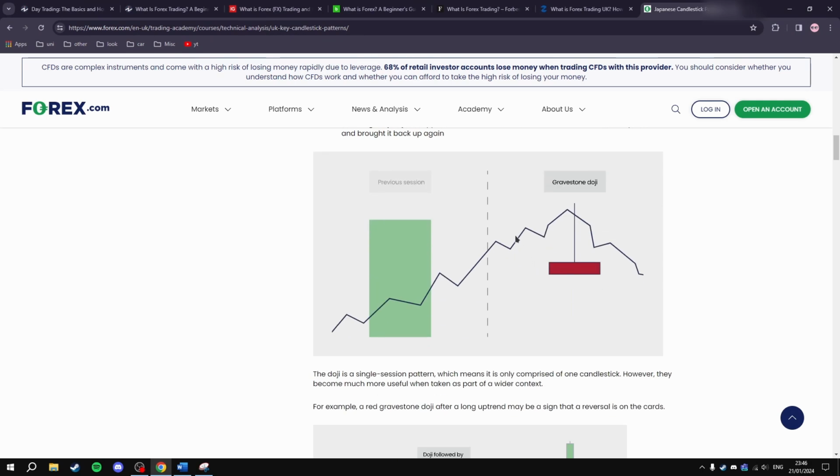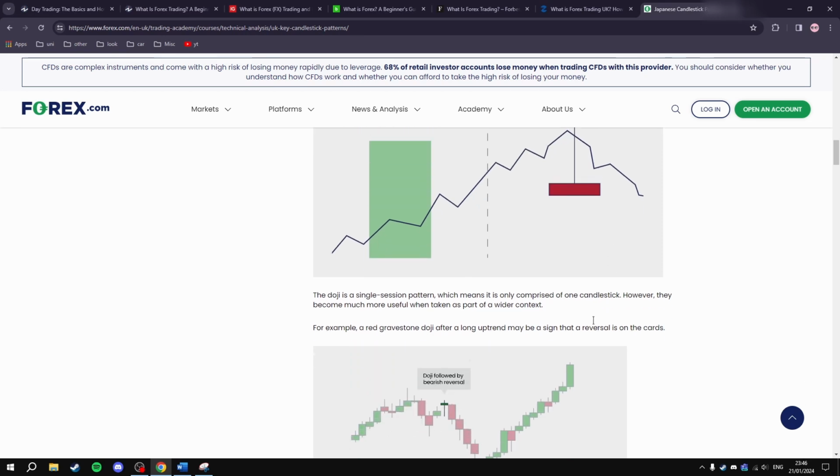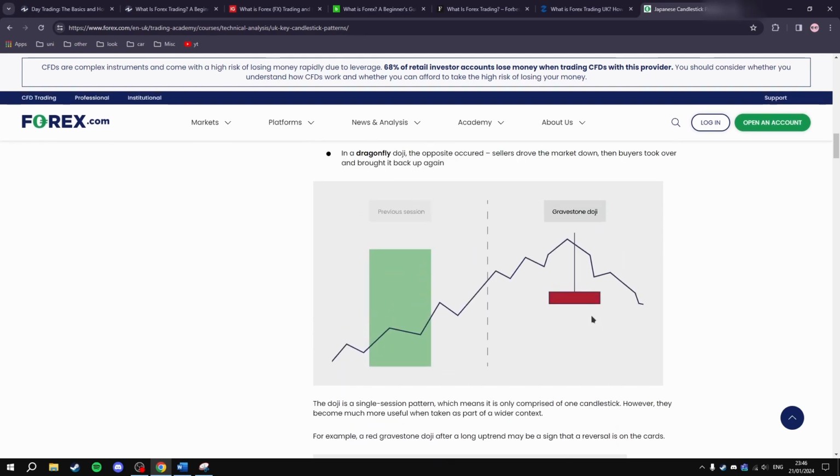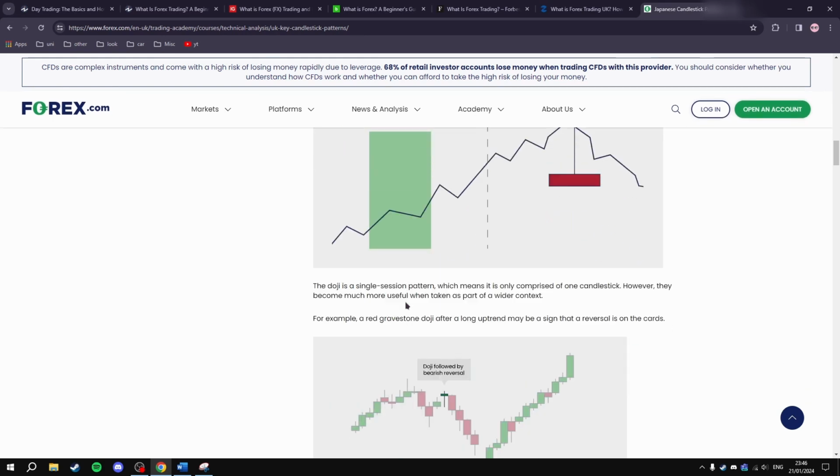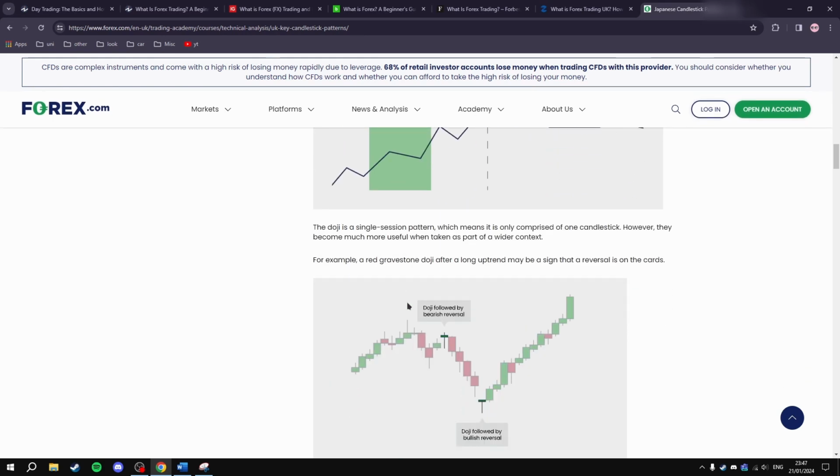The doji is a single session pattern, which means that it is only comprised of one candlestick. However, they become much more useful when taken as a part of wider context. For example, a red gravestone doji after a long uptrend may be a sign that reversal is on the cards.